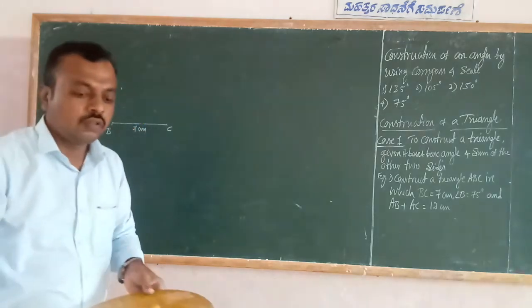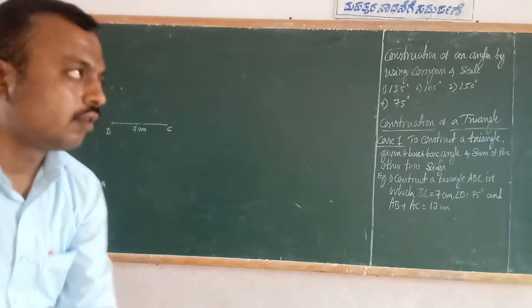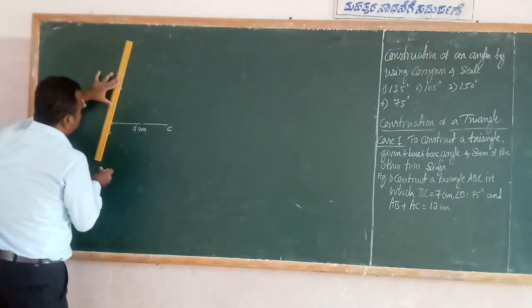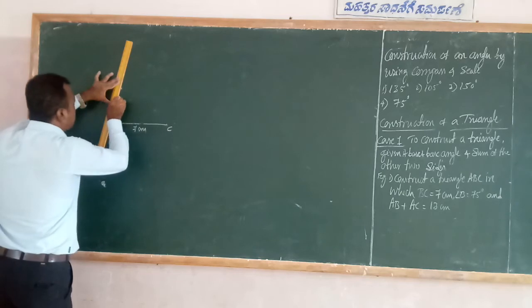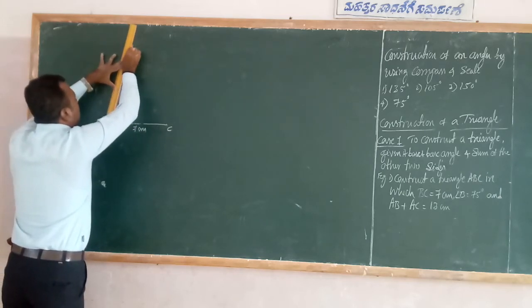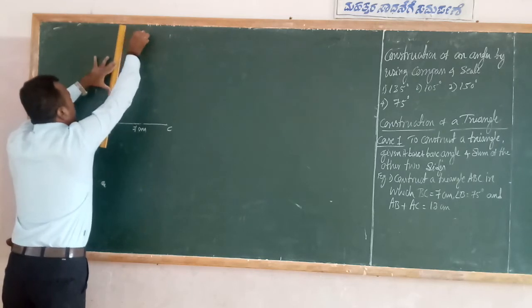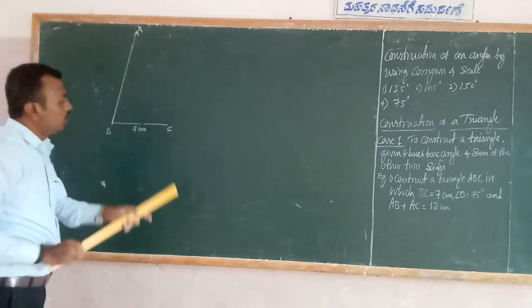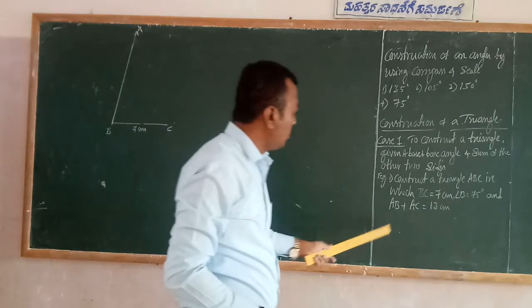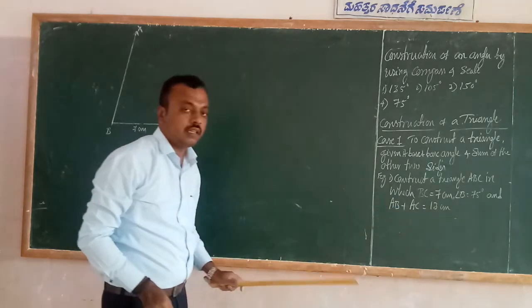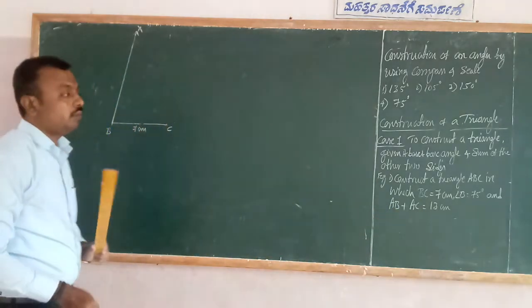Now we have to join this point to the point B. So extend it up to X. Now, angle B is 75 degree, and AB plus AC, how much centimeter is that? 13 centimeter.